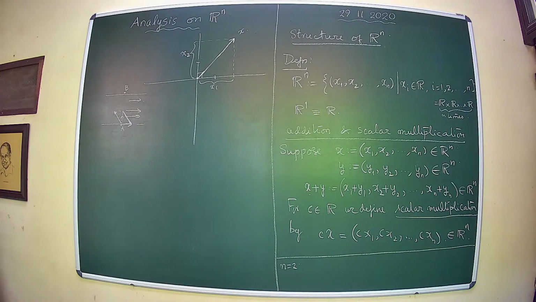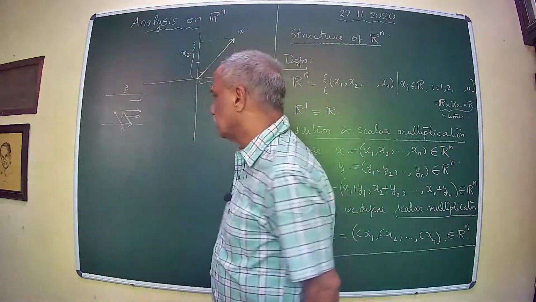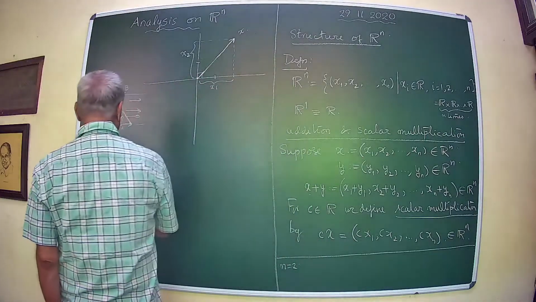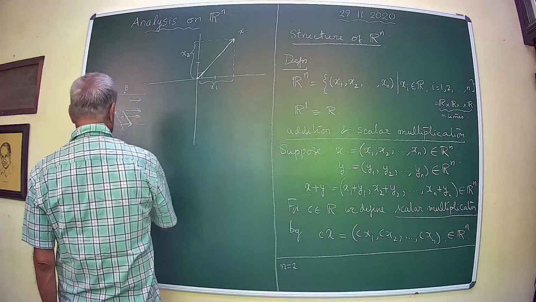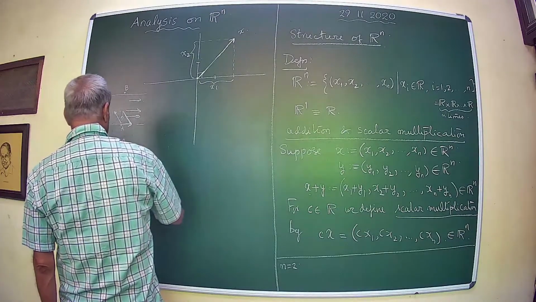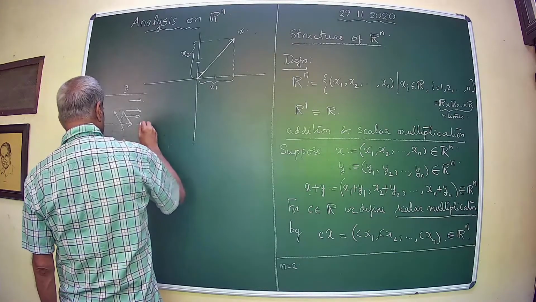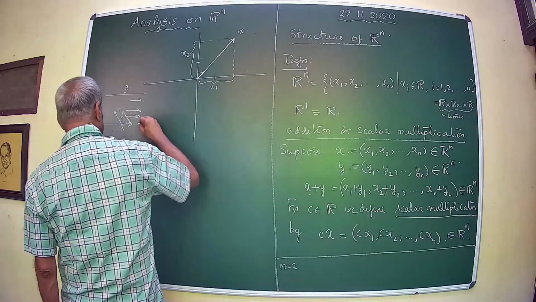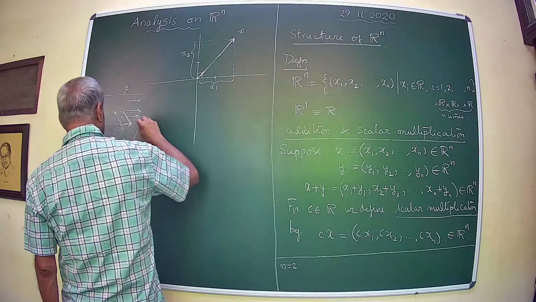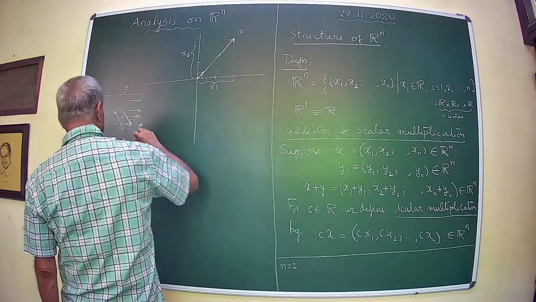It is the parallelogram law of addition that works in vector addition. So it is found that if you have a vector acting here, another vector acting here, so suppose this is u, this is v, then you complete the parallelogram with these vectors as the sides and then draw the diagonal, and this diagonal will give you what is called u plus v.